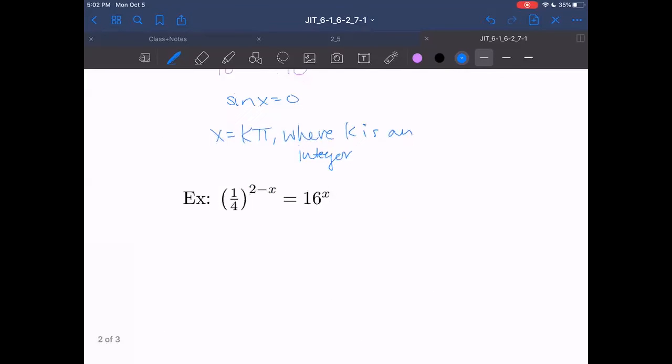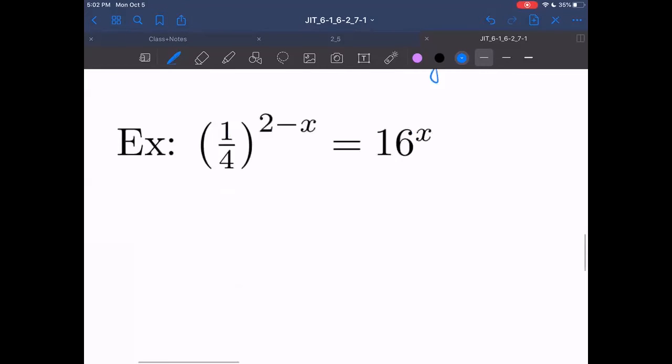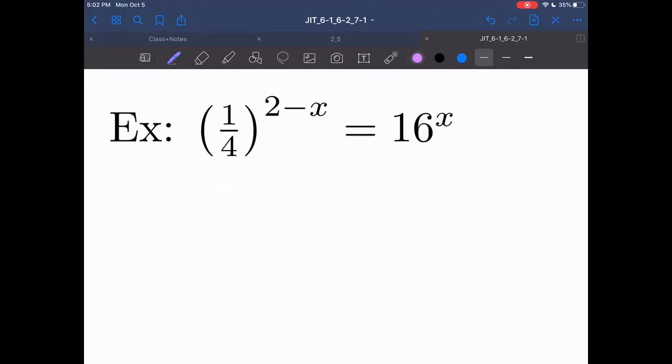And then if we've got, let's see, fractions, I can rewrite this as 4 to the negative 1 to the 2 minus x is equal to 4 squared to the x. Okay, and so then my exponents, I multiply them.